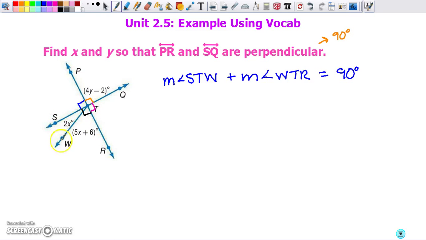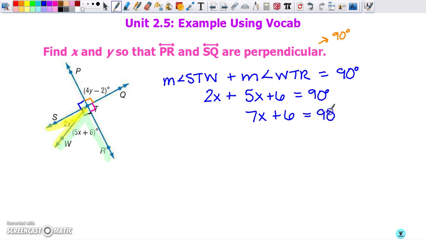So STW, which is right here, let me highlight it for you, is 2x, so I'm going to plug that in here, plus our second angle WTR, which is right here, which is 5x plus 6, equals 90 degrees. So that gives us 7x plus 6 is 90.